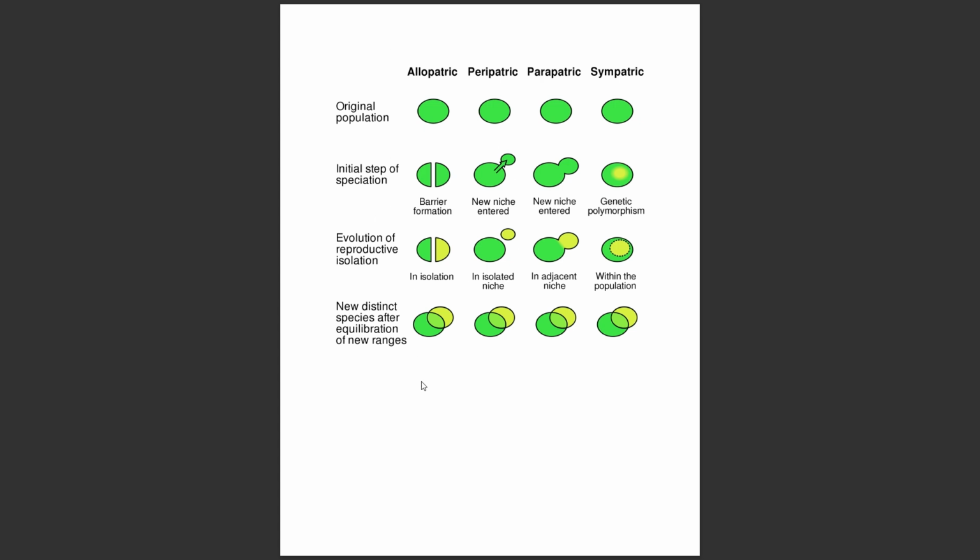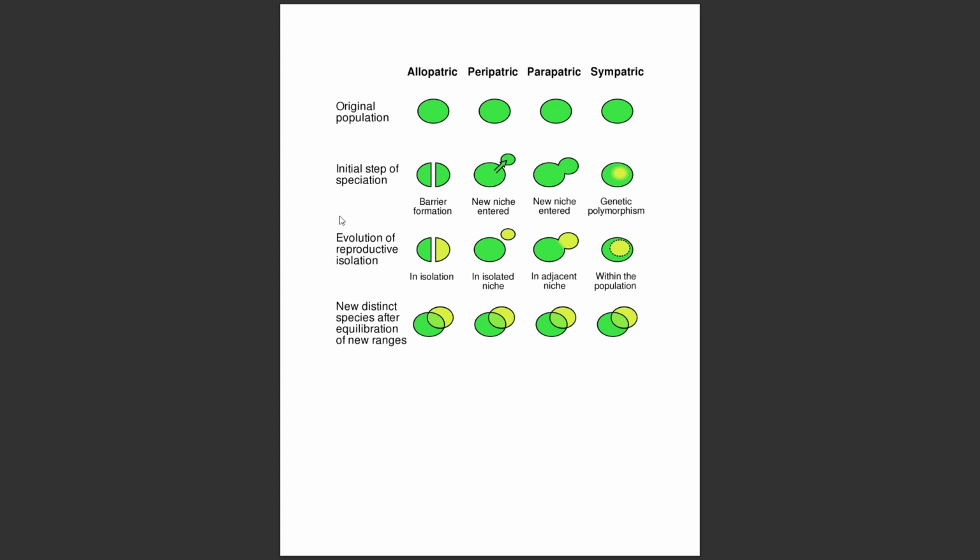When the finches got separated by the islands, creating a geographical barrier between them, they developed traits specific to their islands, such as different sized beaks, which allowed them to better eat the food that was available on their respective island. And because of these traits being selected for over time, they created new species that could not interbreed with each other.